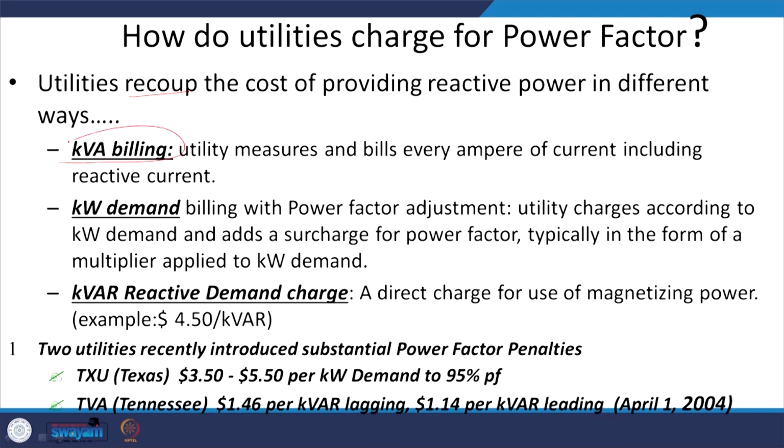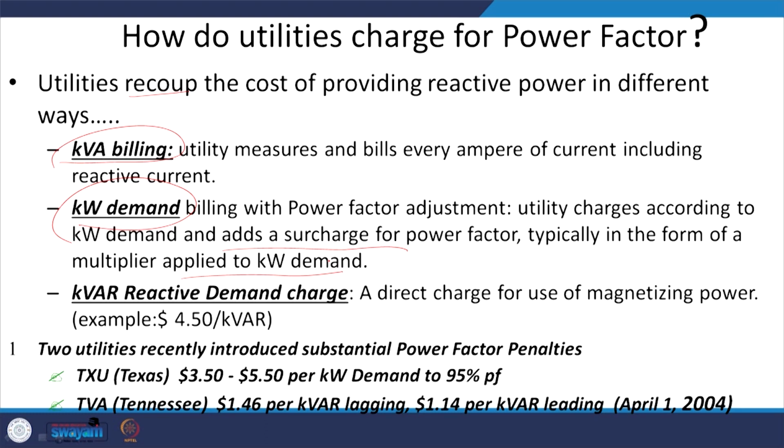One is kVA billing: the utility bills for every ampere of current, including the reactive current. Another is real power demand billing with a power factor adjustment: the utility charges according to the kilowatt demand and adds a surcharge for power factor, typically in the form of a multiplier of the applied kilowatt demand.